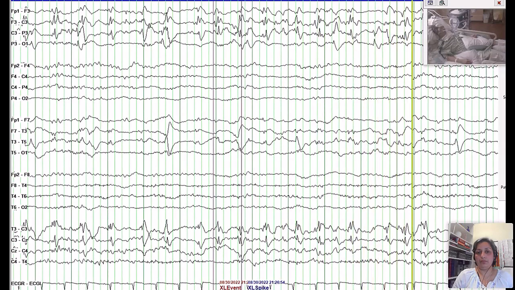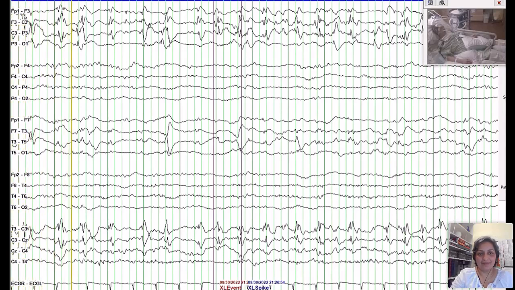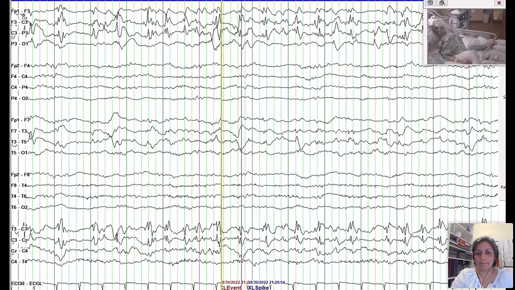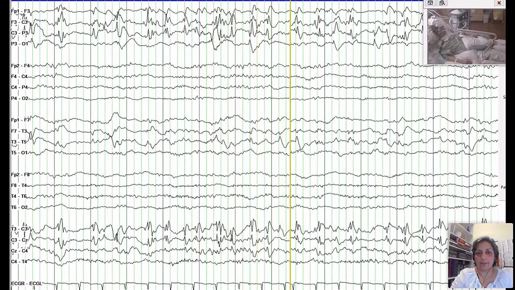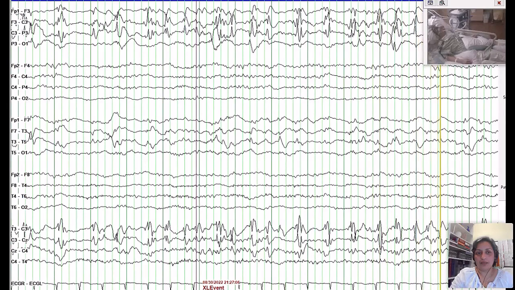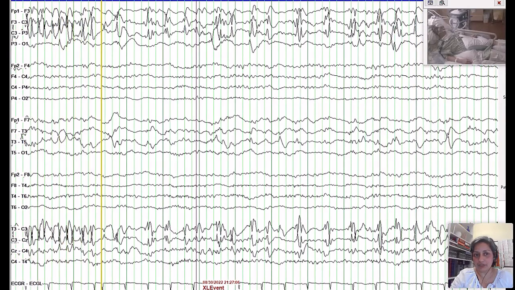So it is left central, predominantly at the left central.